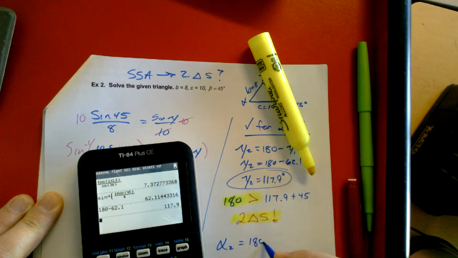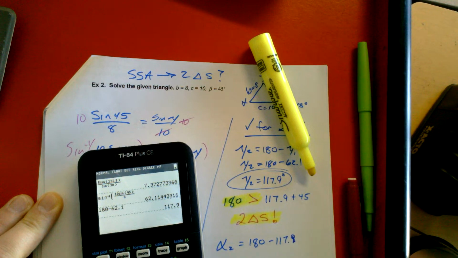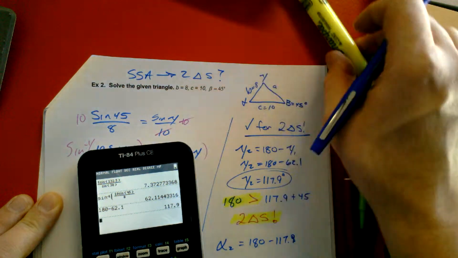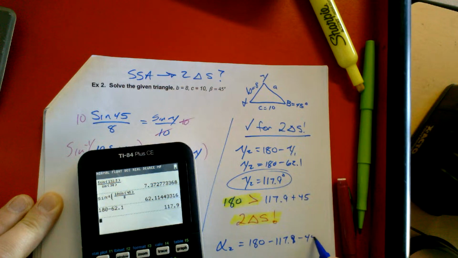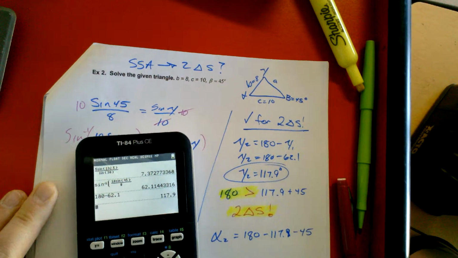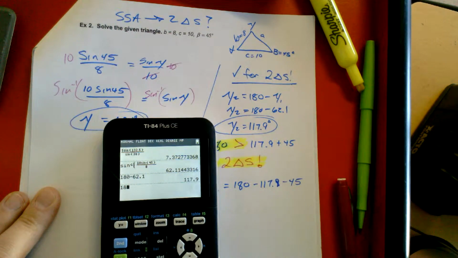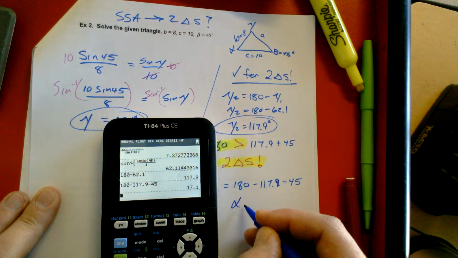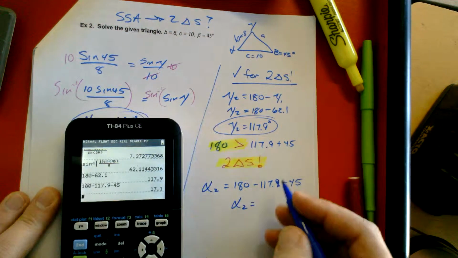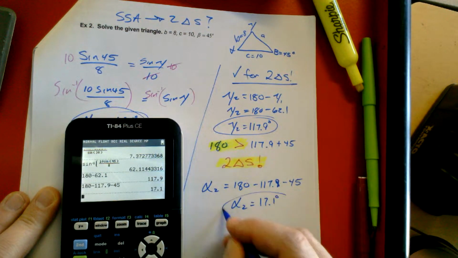We take 180 and we subtract gamma 2 and we subtract that beta. All right, so we take 180 minus 117.9 and we subtract 45, and that gives me alpha 2, which is 17.1 degrees.